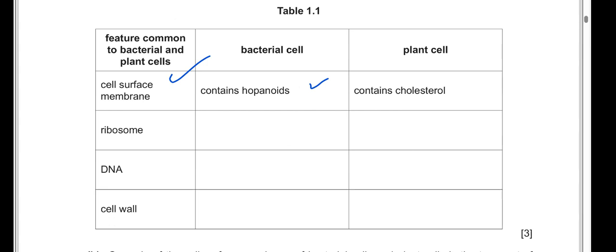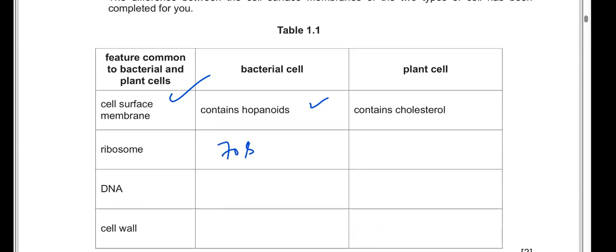We know the ribosomes in a bacterial cell are the smaller ones, and we call them the 70S ribosomes. Whereas the ribosomes in the cytoplasm of a plant cell are the 80S ribosomes. Although a plant cell may also contain the 70S ribosomes, but inside the mitochondria and the chloroplast.